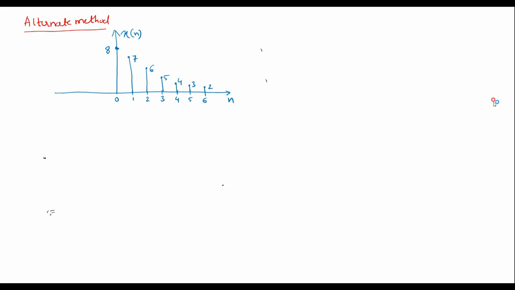Let me solve this problem using an alternate method. Here the first given function is y of n is equal to x of 4 minus n. So I can represent x of 4 minus n as x of minus n plus 4, or I can write it as x of minus n minus of minus 4.